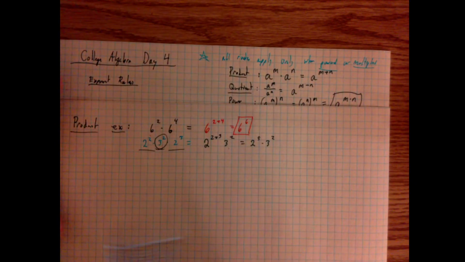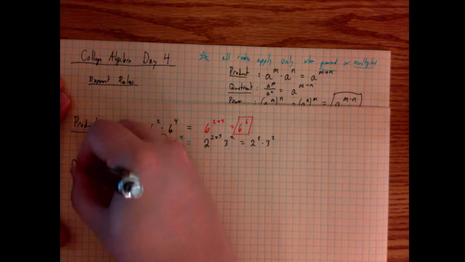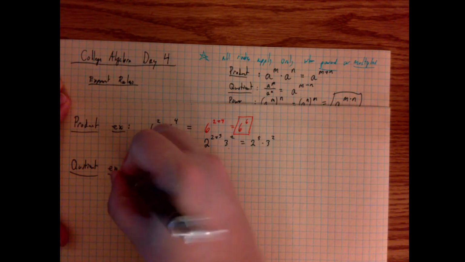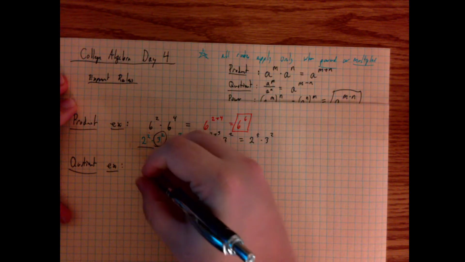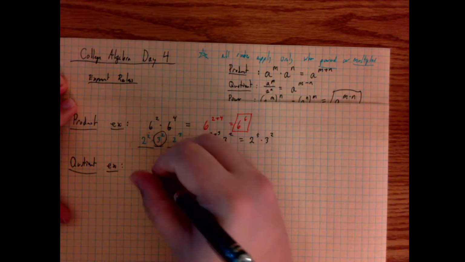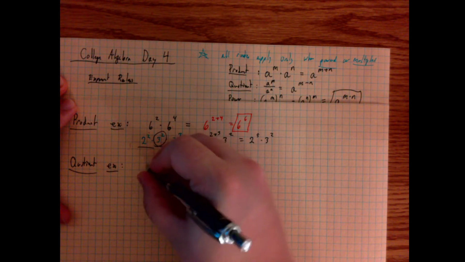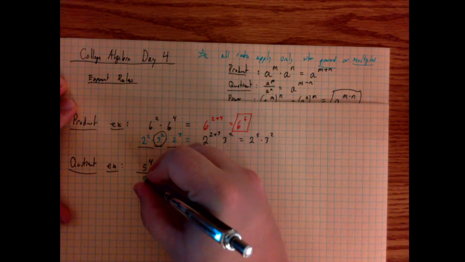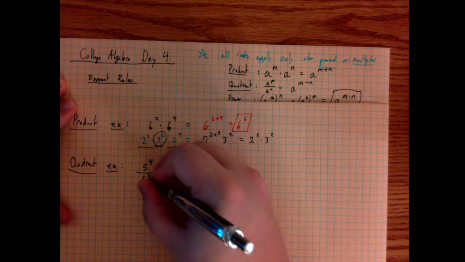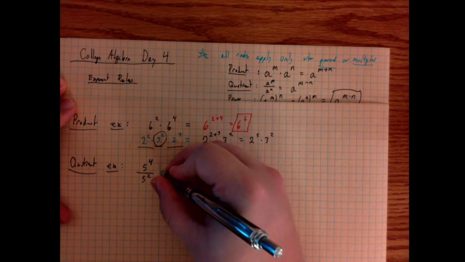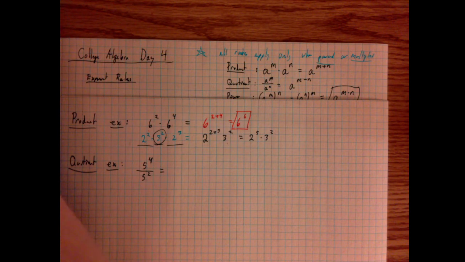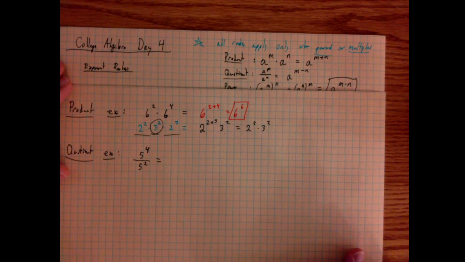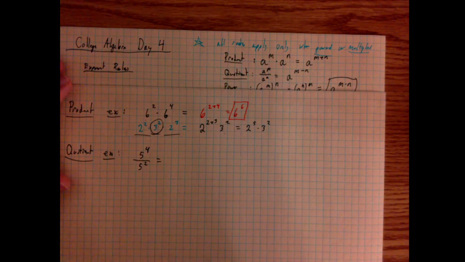The quotient rule runs pretty much the same. Here's my example. Again, I want to use the calculator version. So if I have 5 to the 4th power over 5 squared. First, I'm going to do it once using the rules, and then I'm going to do it again, showcasing how we know the rules work using a different property.